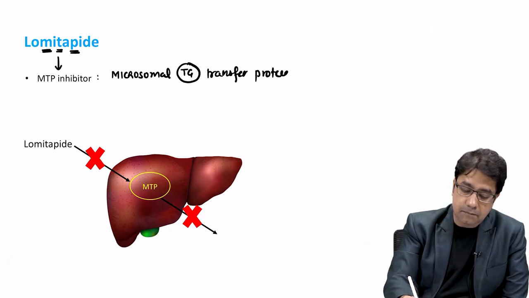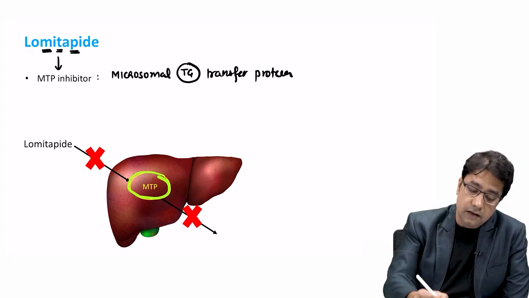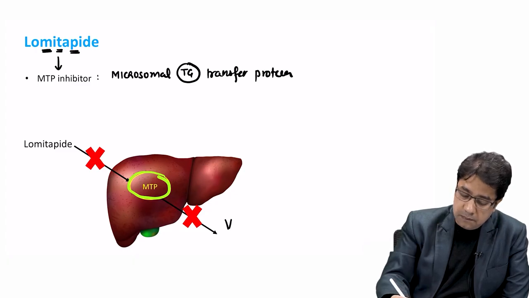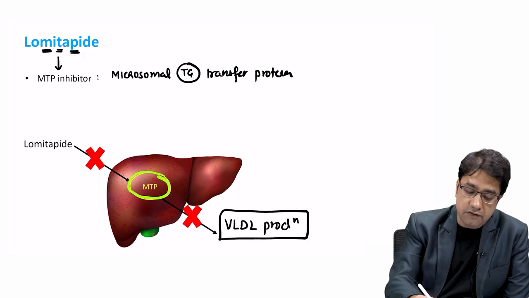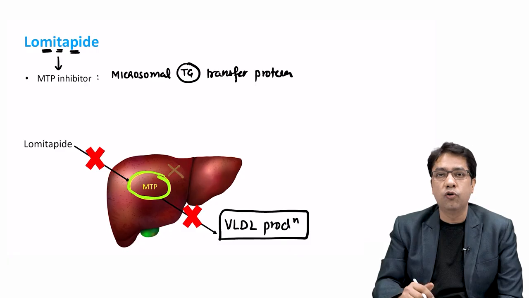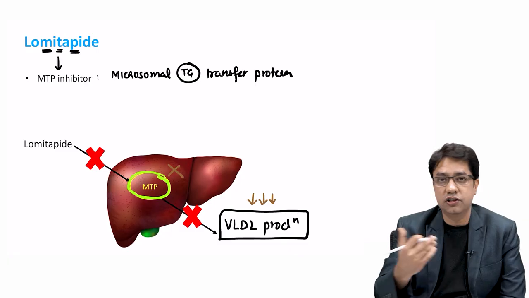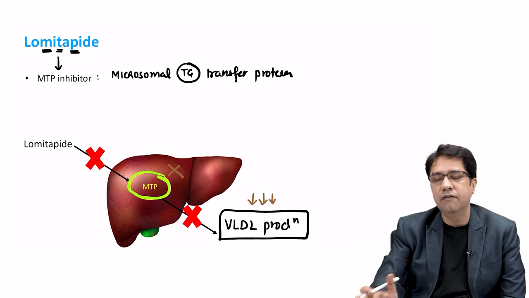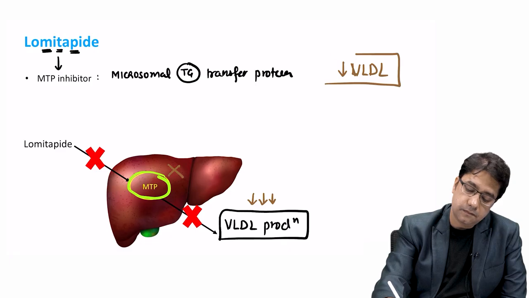Now this MTP, or microsomal triglyceride transfer protein, is responsible for VLDL production in liver. So if you give lomitapide, by inhibiting MTP protein in liver, it decreases VLDL production in liver and VLDL levels will reduce in the blood. So this drug is given to reduce VLDL levels.